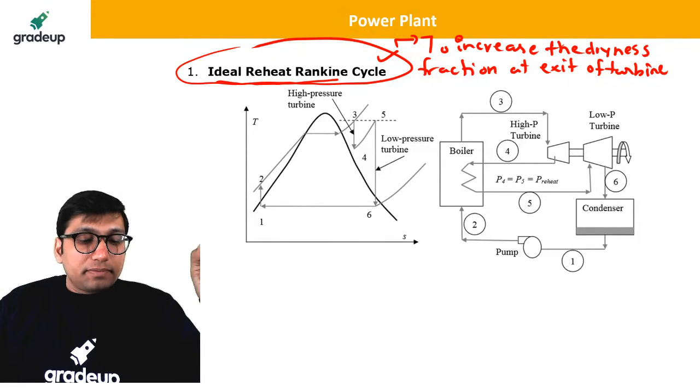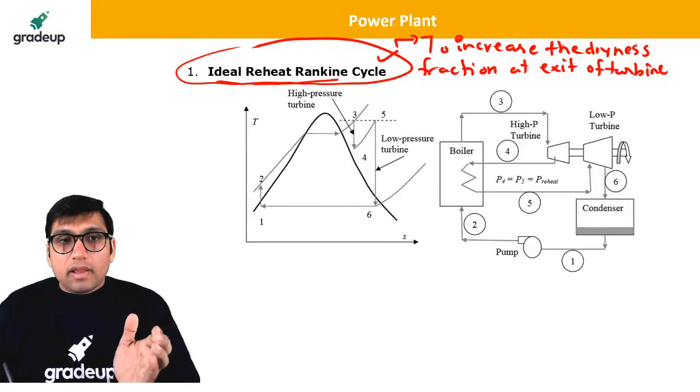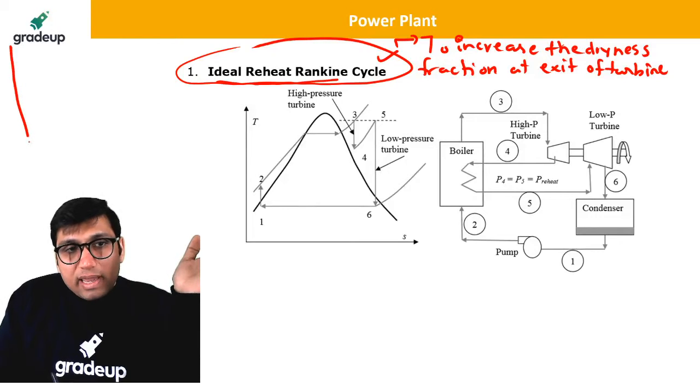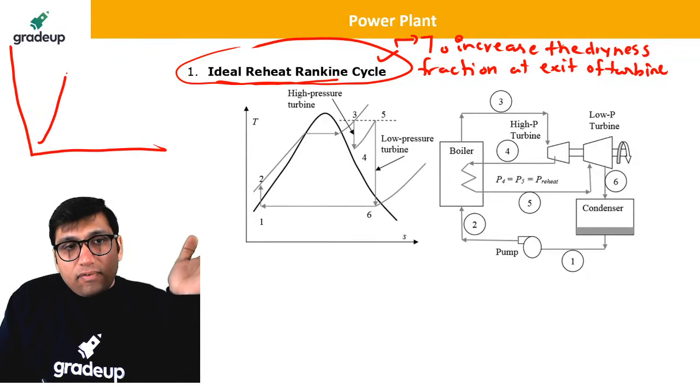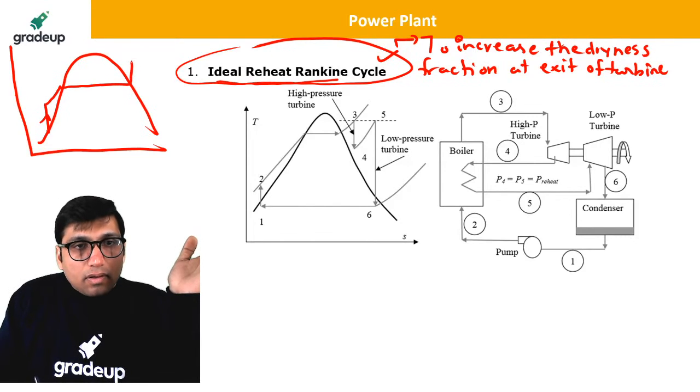Is it clear to everyone? Suppose I have two cases. If we have a normal Rankine cycle, there is one case if I simply do this.